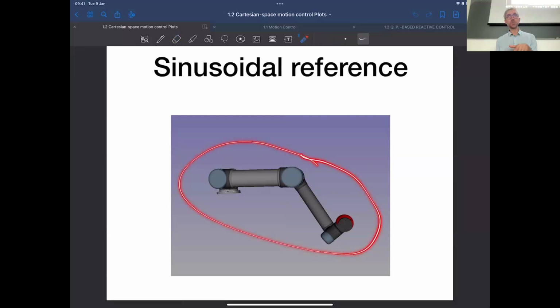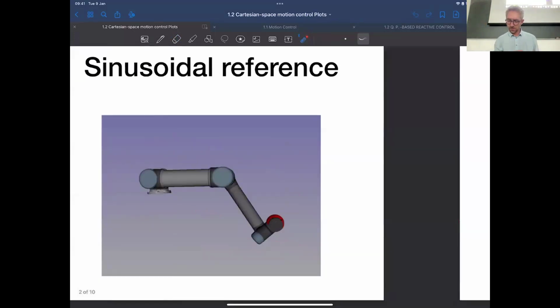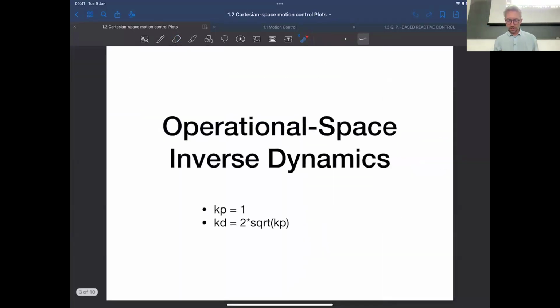We have a couple of these robots in the lab upstairs. I don't know, maybe some of you have seen them. So the controller, well, we only saw one kind of Cartesian space controller, which is this operational space controller. Of course, there also exist other kinds of Cartesian space controllers, which I'm not going to discuss because it would take too much time, and that's not the main focus of this class. So I think one of them is enough.